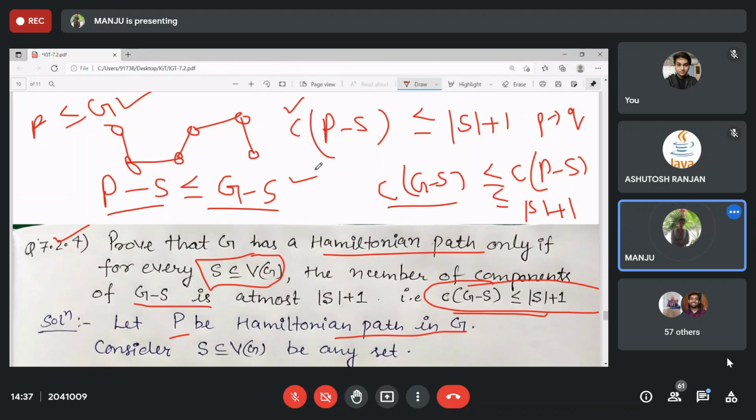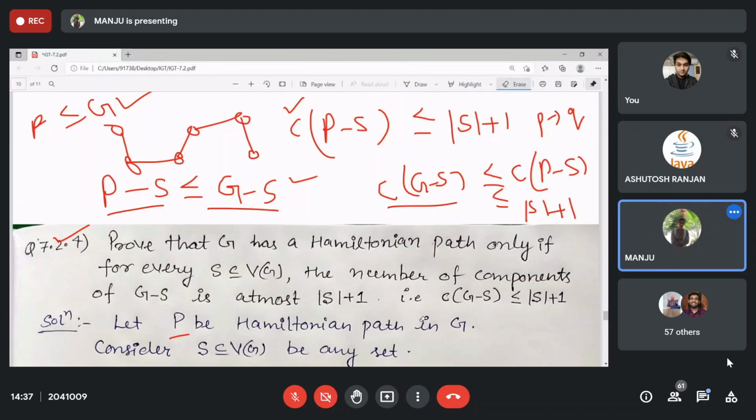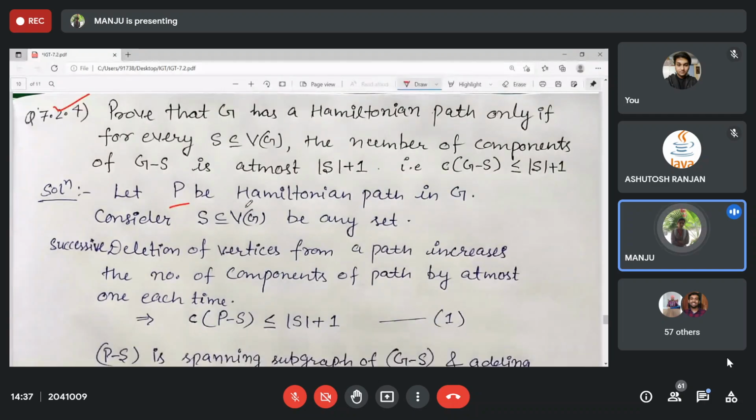Okay, let me show you the formal proof. What I wanted to explain is this: S is any set of vertices. Now successively if we delete the vertices from the path, that will increase the number of components by at most one each time.